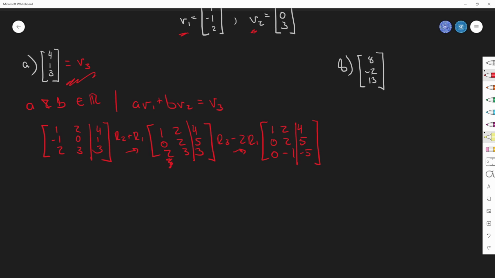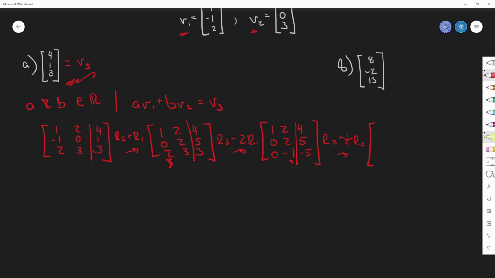All right. So what we can do now is get rid of this 1 simply by adding half of the second row.